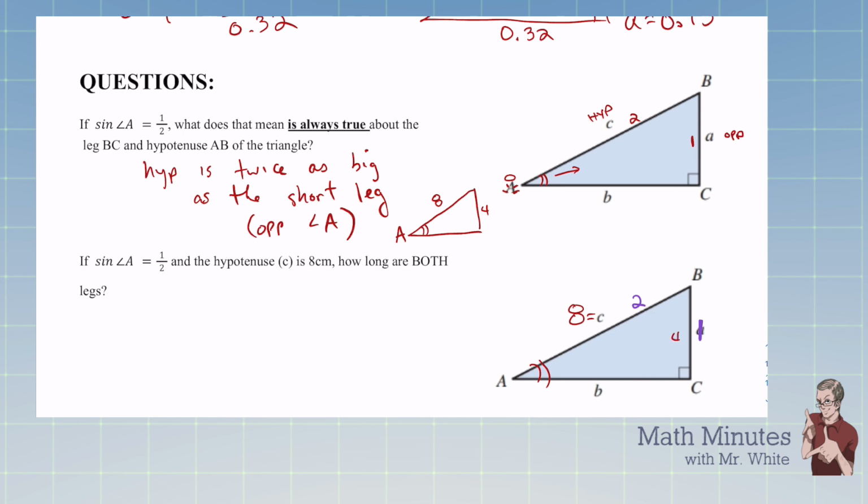This would be 4 centimeters long, since the leg to hypotenuse have a 1 to 2 proportion, right? There are those proportions that we've solved before in our math class.